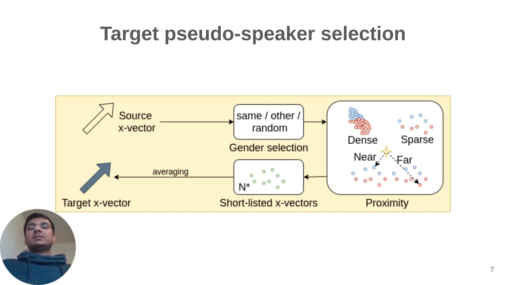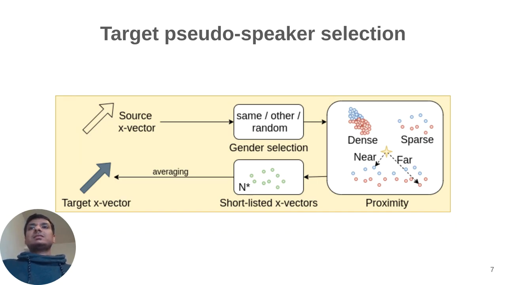Second is proximity. Proximity is the precise location where we map the target pseudo speaker. For that purpose, we identify certain regions in the X vector space, such as dense or sparse regions, or it can be relative to the source speaker, like near or far from the source.